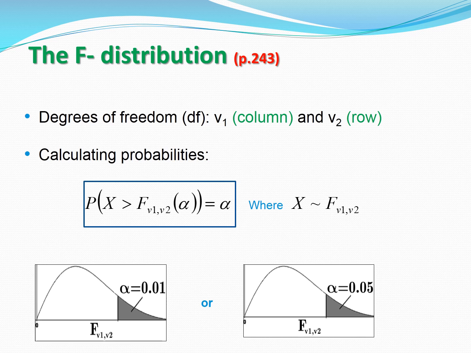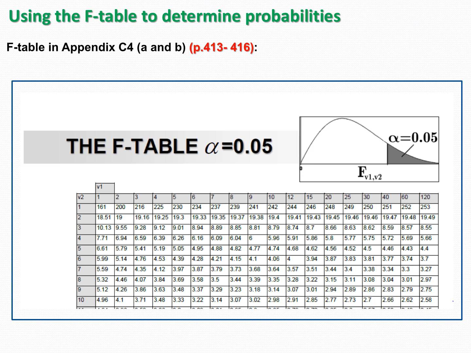Then you will see that there are 2 F tables in your textbook, a 0.01 table and a 0.05 probability table. Your F tables are found in Appendix C4A and B in your textbook, and they span over these 4 pages. In your F table, V1 is found at the top row, and V2 is your column on the left-hand side.